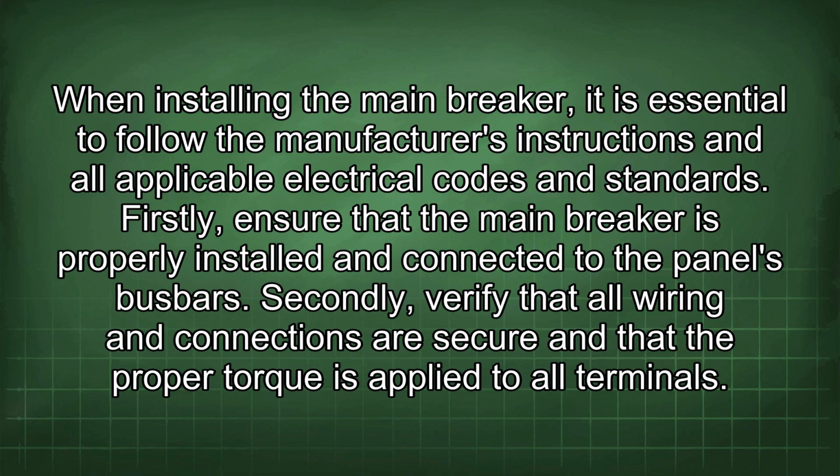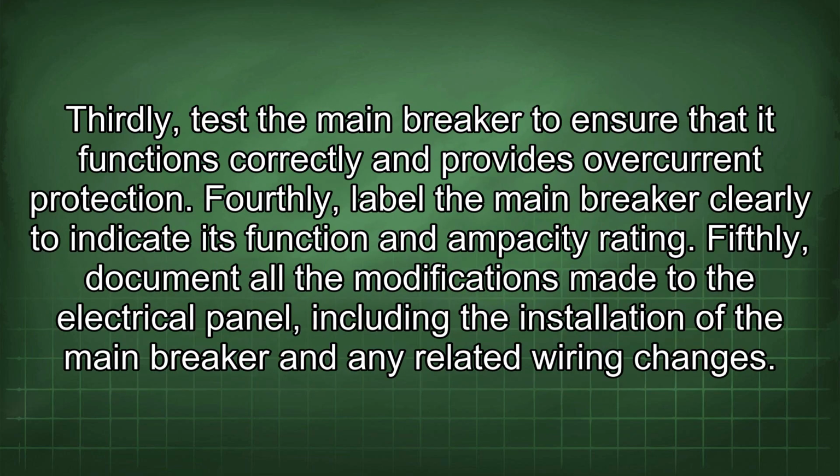electrical codes and standards. Firstly, ensure that the main breaker is properly installed and connected to the panel's busbars. Secondly, verify that all wiring and connections are secure and that the proper torque is applied to all terminals. Thirdly, test the main breaker to ensure that it functions correctly and provides overcurrent protection.